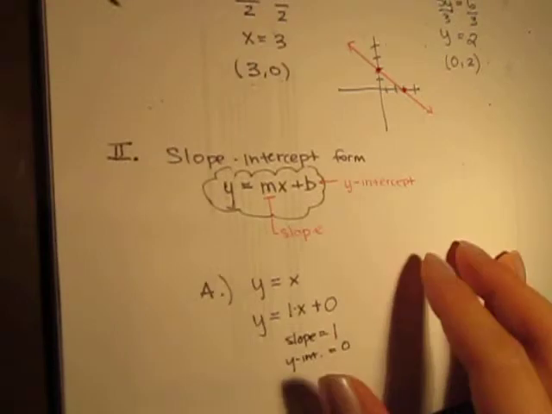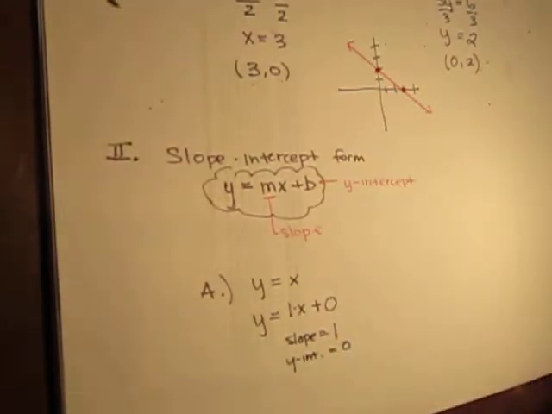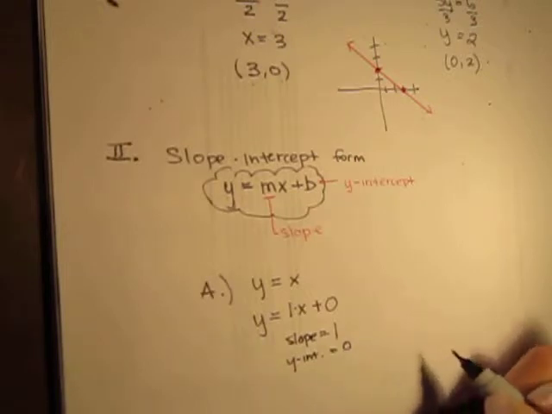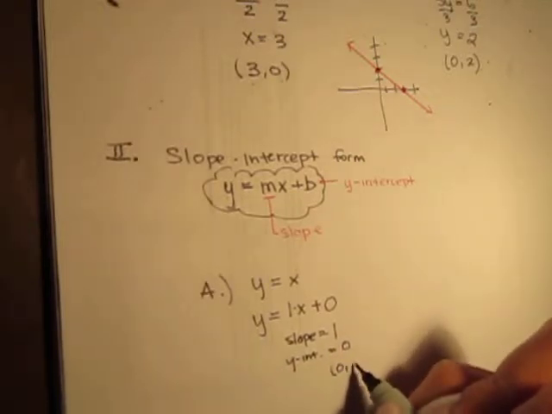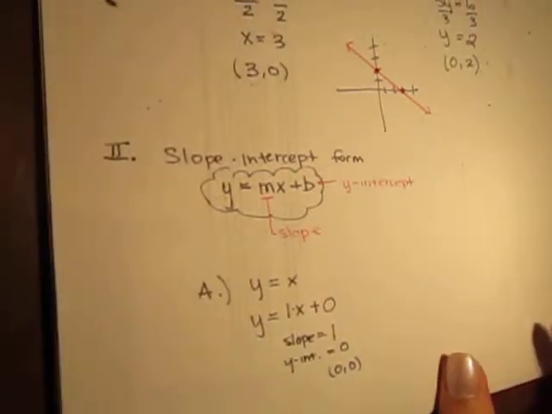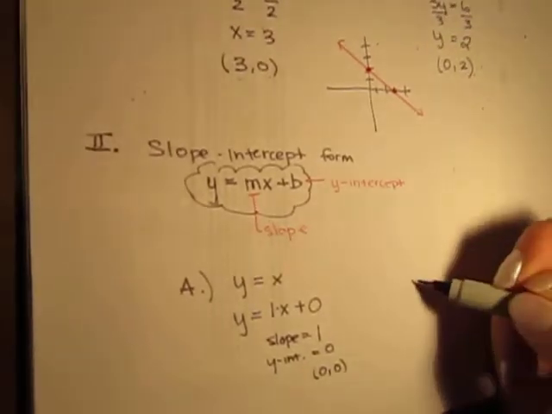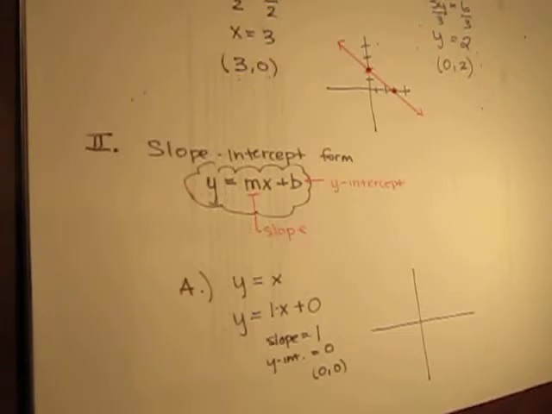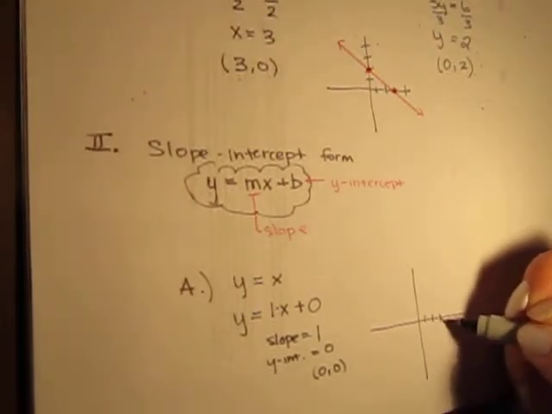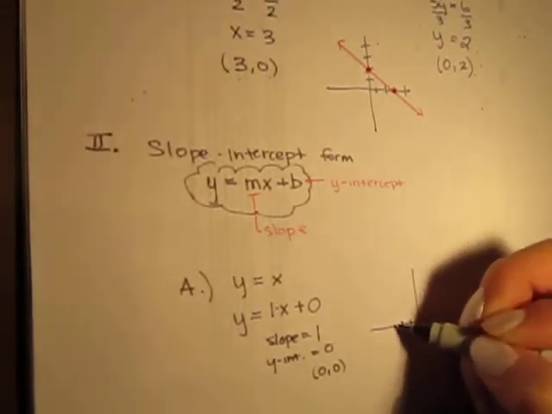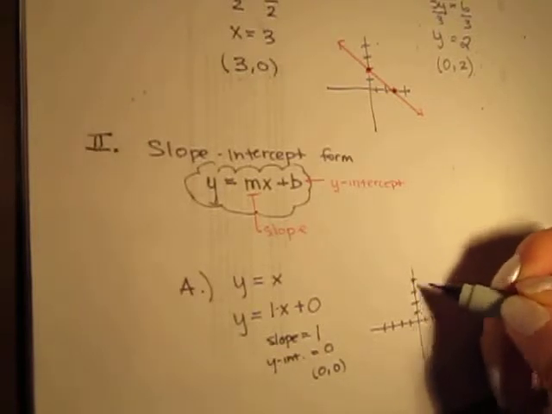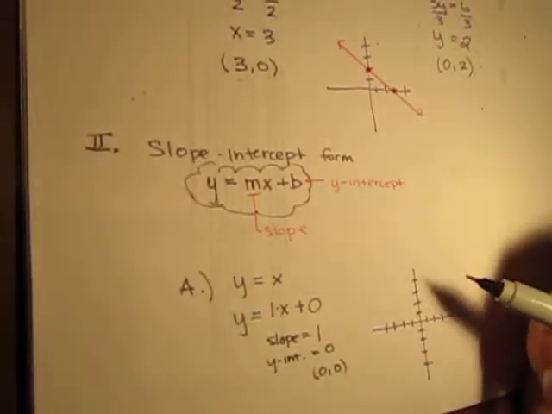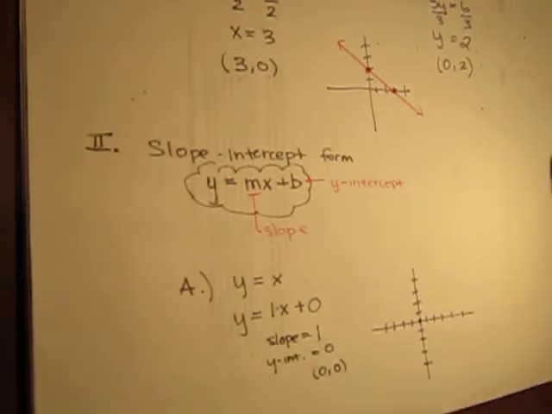And remember before we said the y-intercept is where, if that's a value of y, that means that it crosses the coordinate point there. So let me show you how quickly I can graph that. So y equals x, so it crosses over at 0, 0.